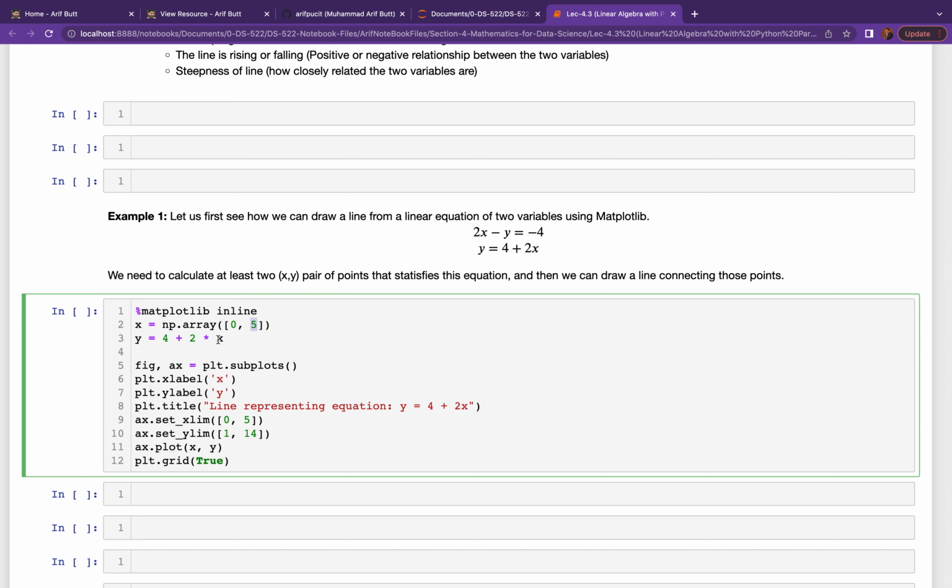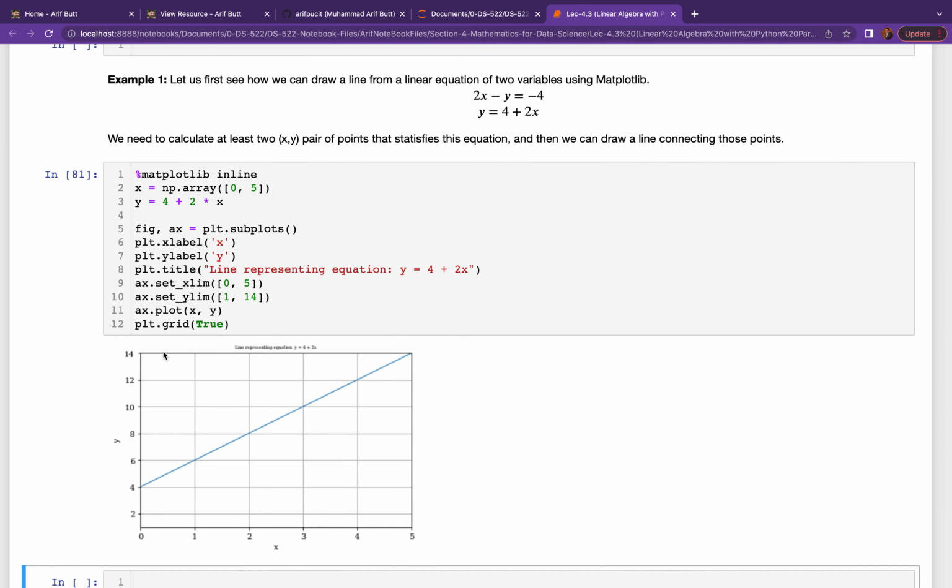So I have 2 points, so I can plot it, and I've used the plot method of matplotlib. So this is the line. Fine. If you see this graph along the x-axis, for 1 I have the corresponding y value of 6.